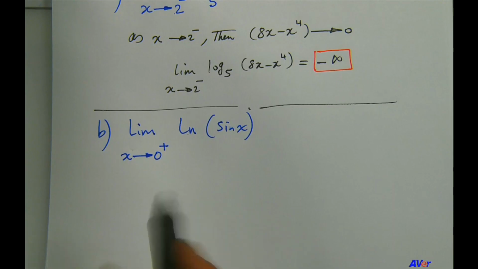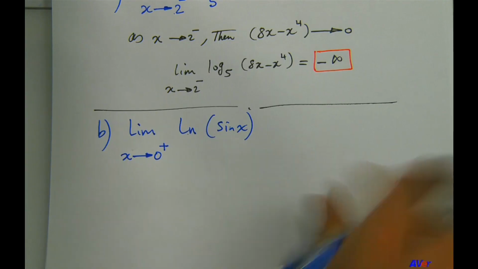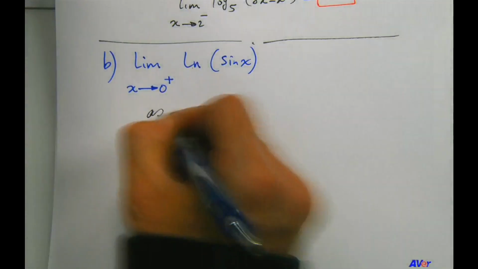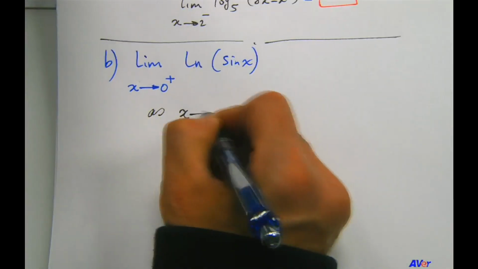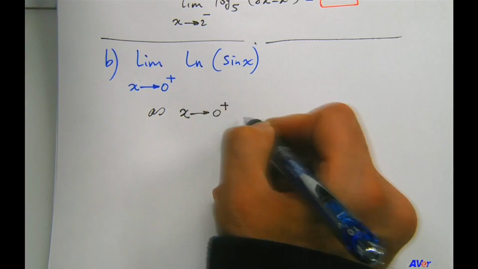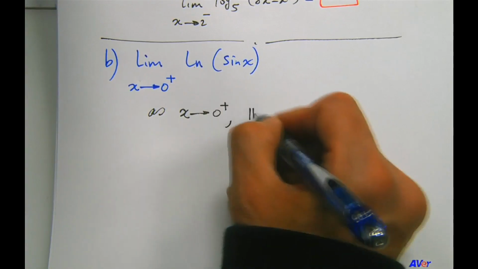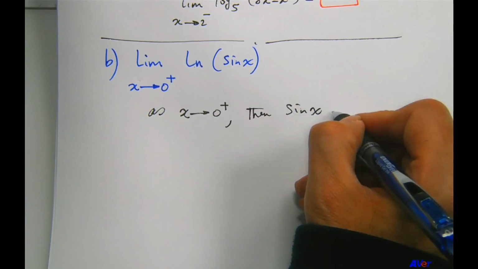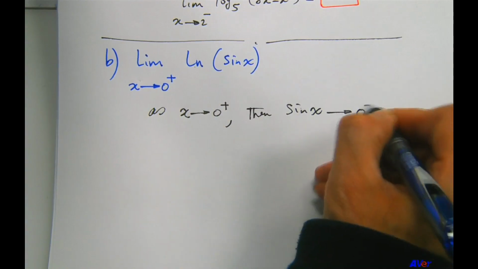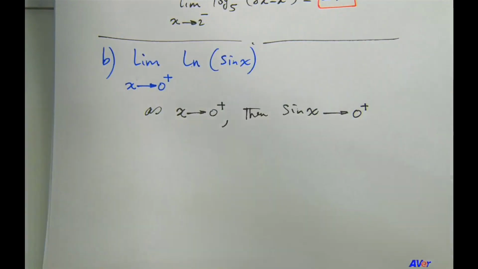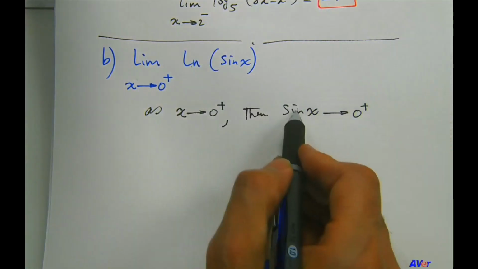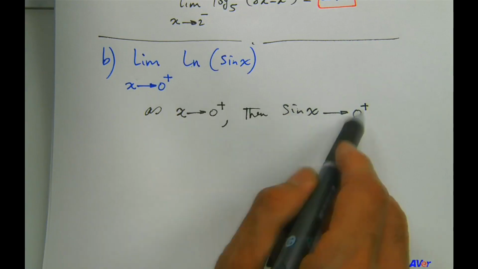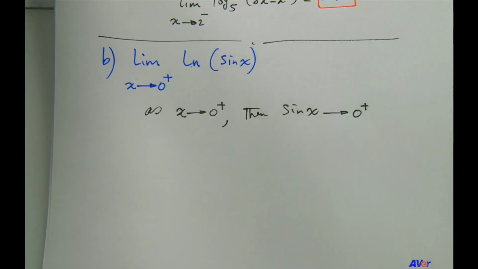So we can show our line of reasoning as follows: as x approaches 0 from the right side, of course, sine of x also approaches 0 from the right side, not natural log of sine of x. So sine of x approaches 0 from the positive side.